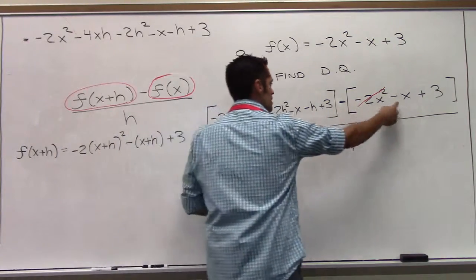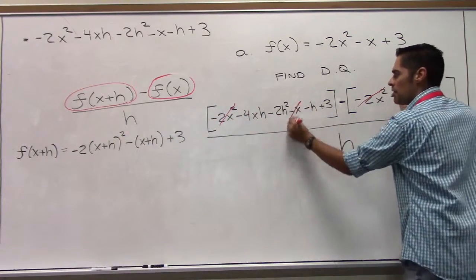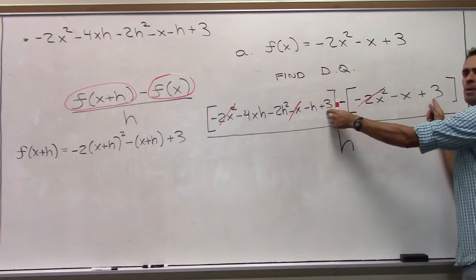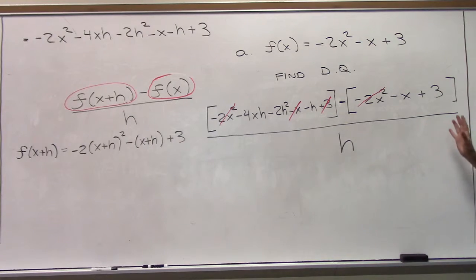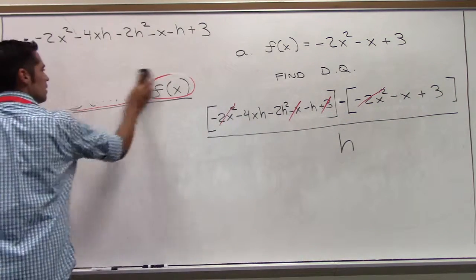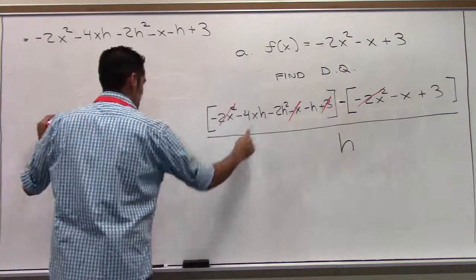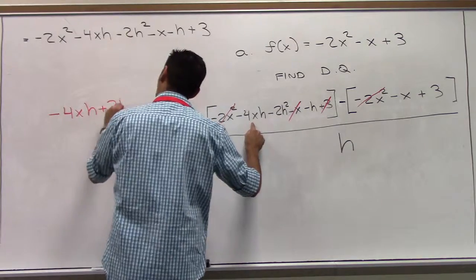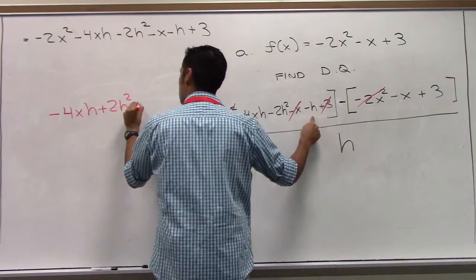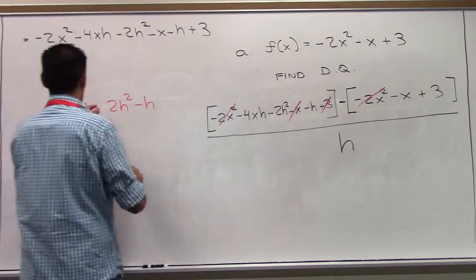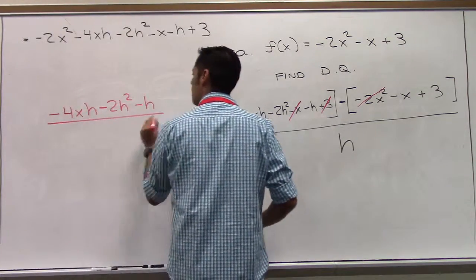It's going to be positive x, and don't I have a negative x here? Those cancel. What about the 3? It becomes a negative 3, and there was a positive 3. That cancels. Everything there cancels. The only thing left is negative 4xh plus 2h squared minus h. Oh, I said plus. And then all over h.